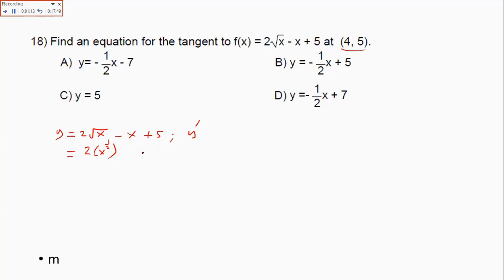So y prime is going to be equal to the derivative of 2x to the power half: I multiply by half, and the 2 is there, and I do x to the power negative half. The 2 goes with the 2, and we will have 1 over square root of x, correct?